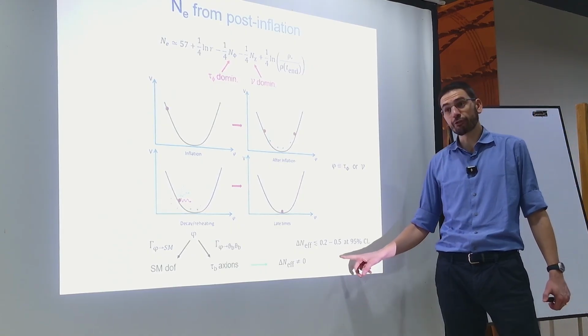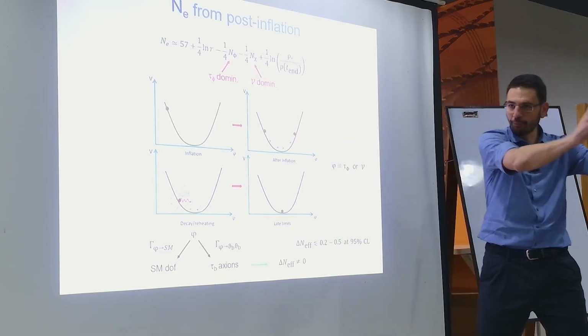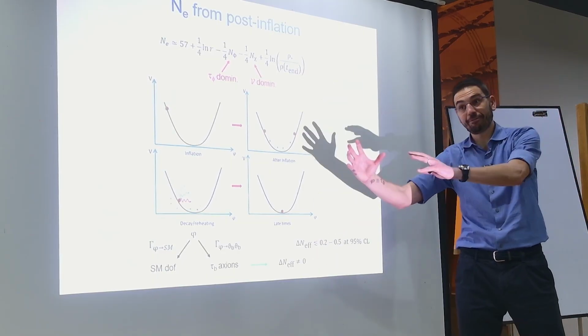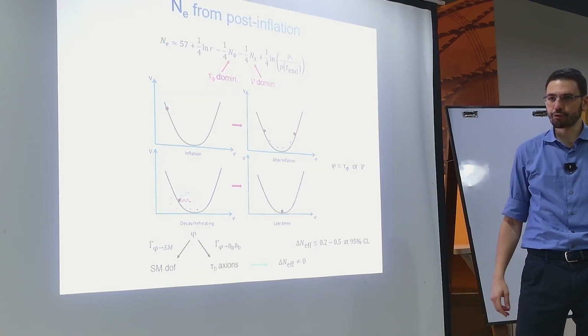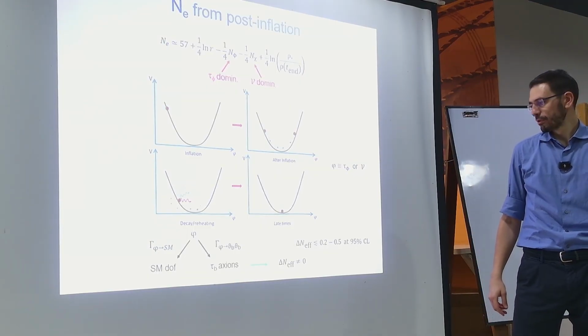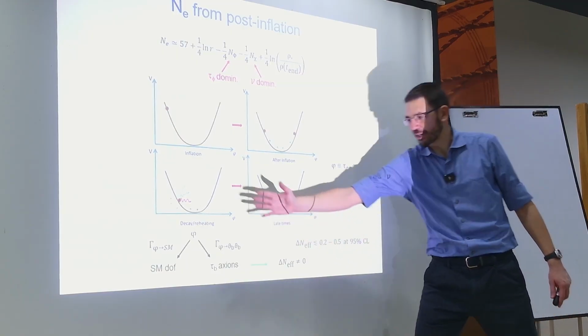But there is not that much space. Like in the standard model, so you should see this as the standard model value plus delta N_eff. The standard model value basically is 3 because of the 3 neutrinos. Now, this is not an integer because it's defined in terms of branching ratios.